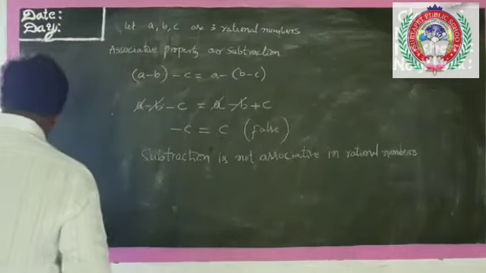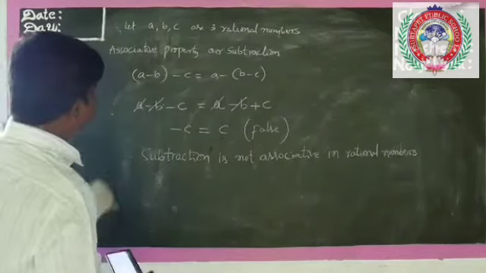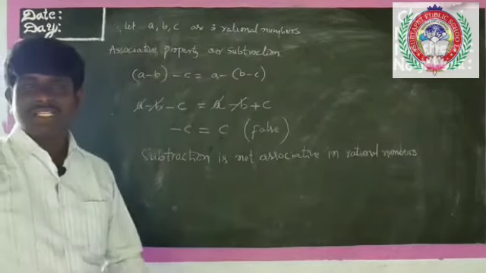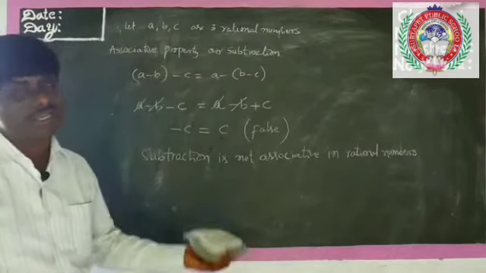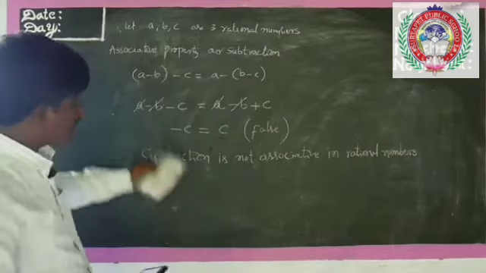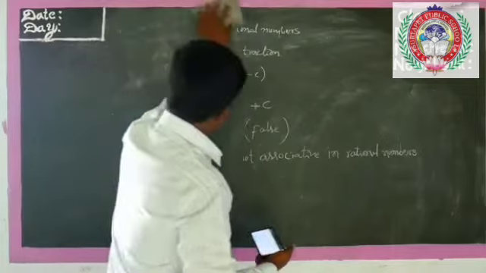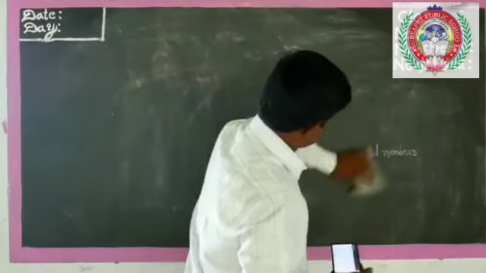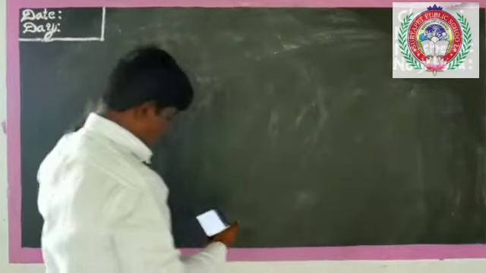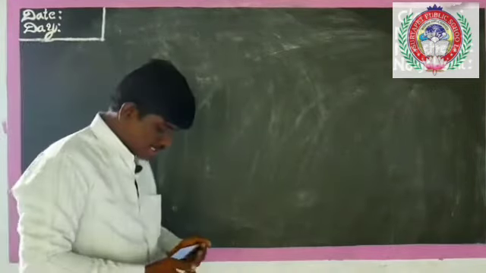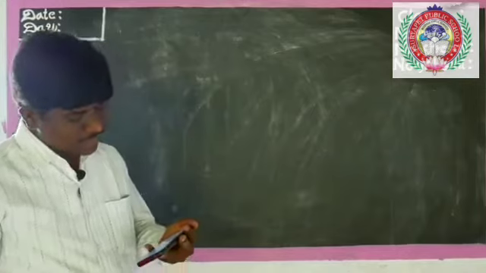Look at the 12th one. Even the 12th one is also very easy. Here I have taken letters instead of numbers. You can take numbers also, no problem. Problem number 12. Verify minus of minus x is equal to x for the following numbers.